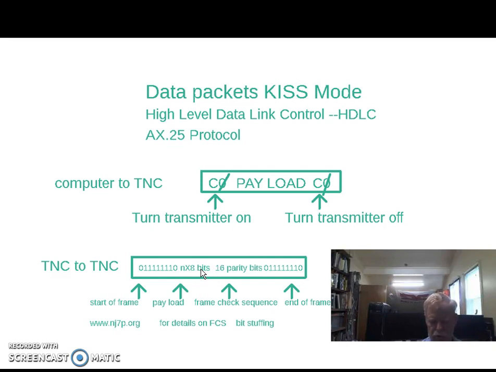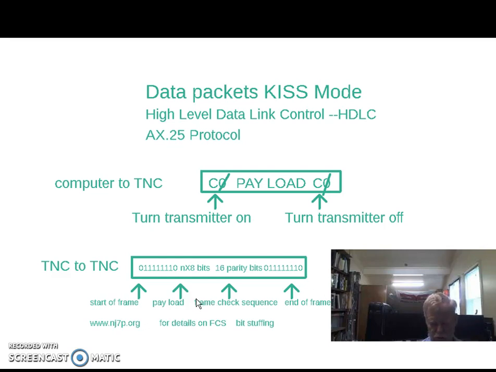We give these parity bits a name: the frame check sequence. It's beyond the scope of this tutorial to describe how to do that, but there's a good resource on the web. If you Google nj7p.org, he will tell you how to do this.